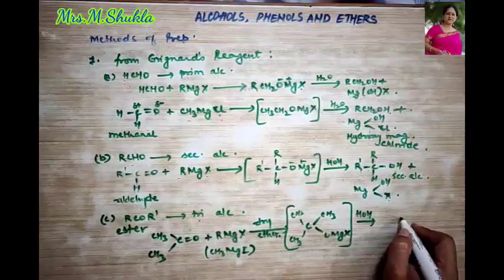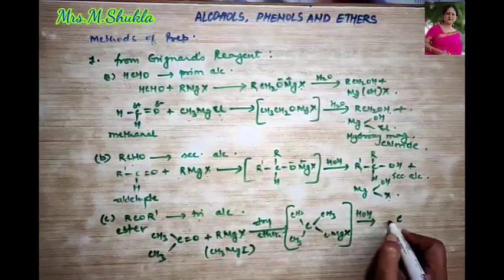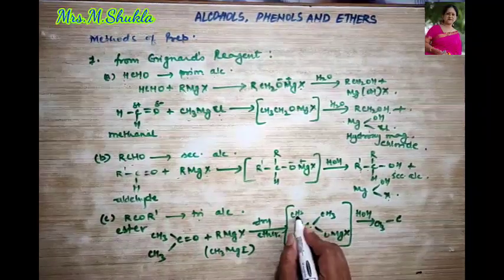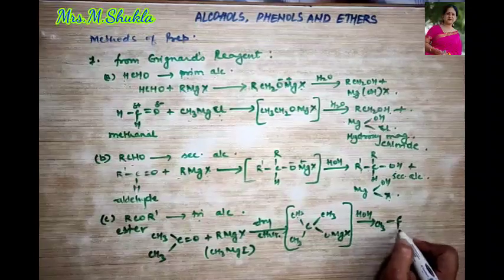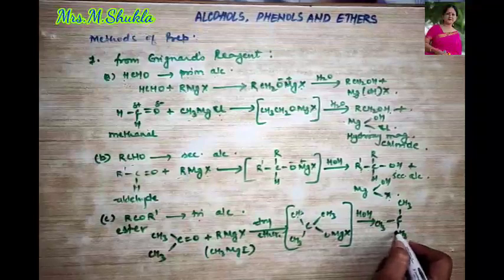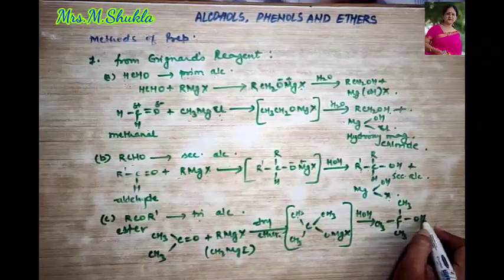Let's see the tertiary alcohol obtained: (CH3)3C-OH.